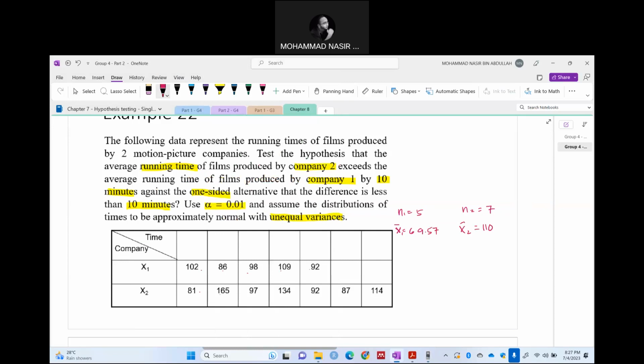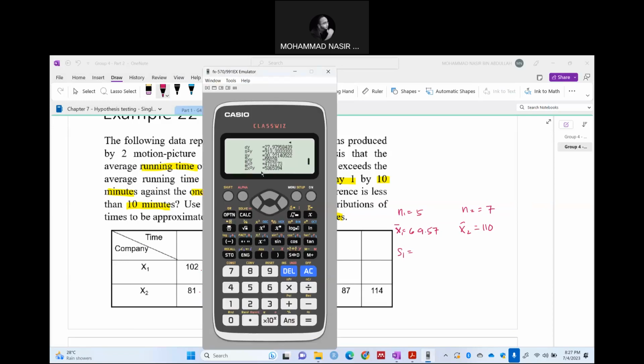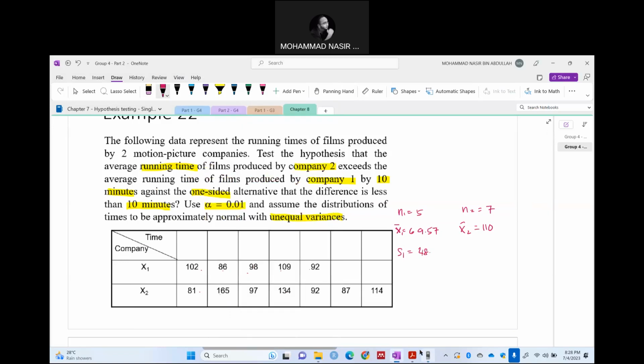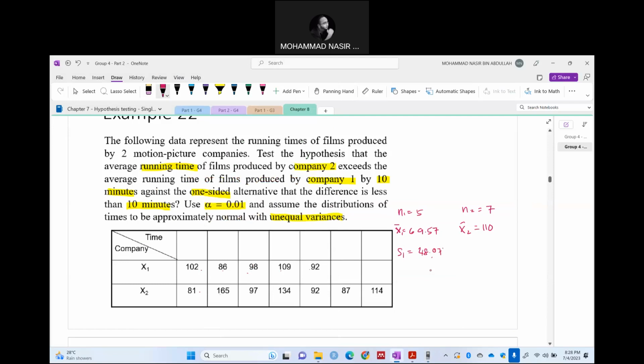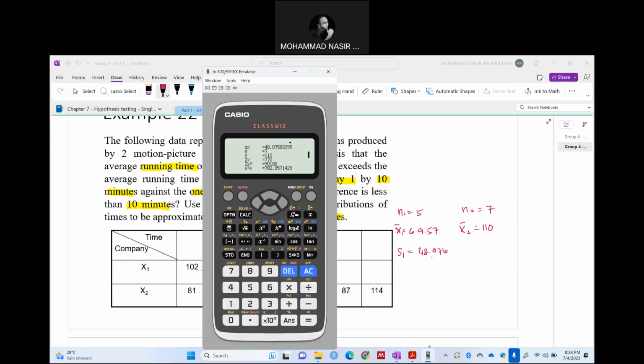Okay. And S1, so let's find S1. S1 is equal to this one, SX, right? SX is equal to 48.076, right?